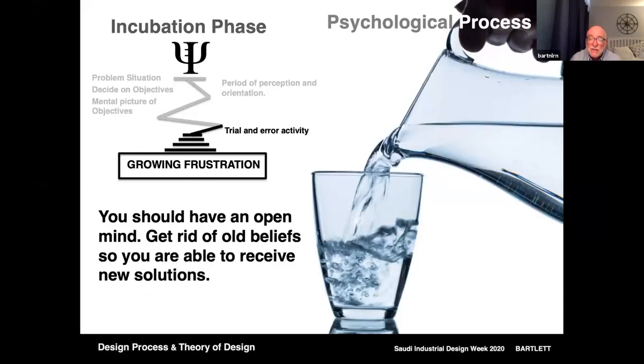Let's say I'm using a blender. I'm taking vegetables or fruit to make a smoothie. I put all this fruit into a blender, I hit the button, I blend it all up, and I make a smoothie.